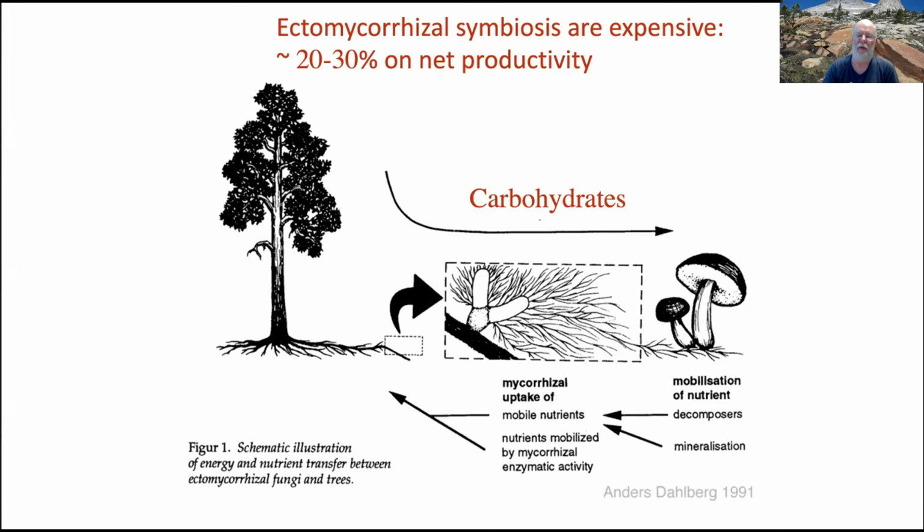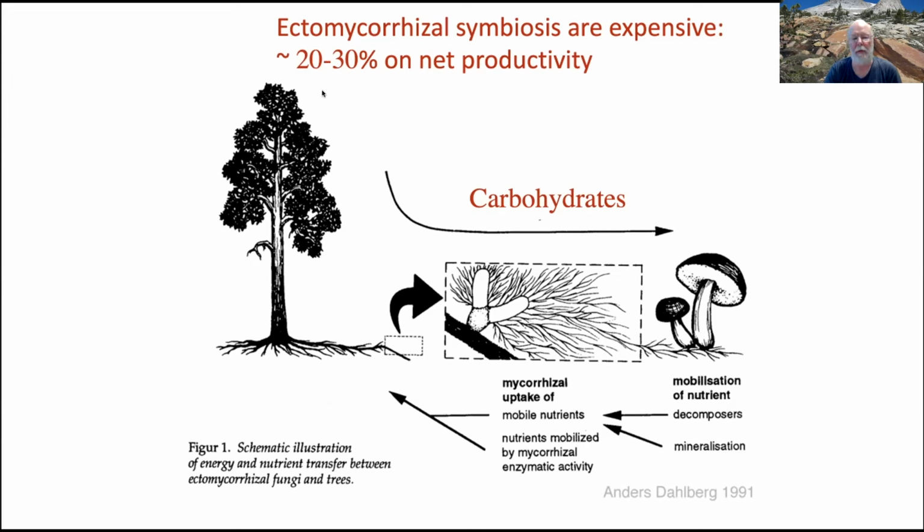So how much does this cost? It turns out that one of the reasons that it's big woody trees is that it's an expensive symbiosis. So it's only plants that have a big resource pool that hire ectomycorrhizal fungi to find their nutrients for them.